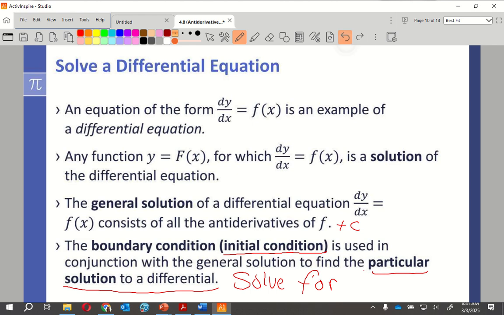If you have an initial condition and it says a particular solution, that means solve for C. You're going to get some values to help you solve for C.